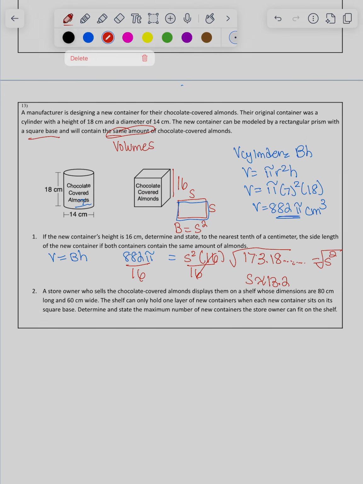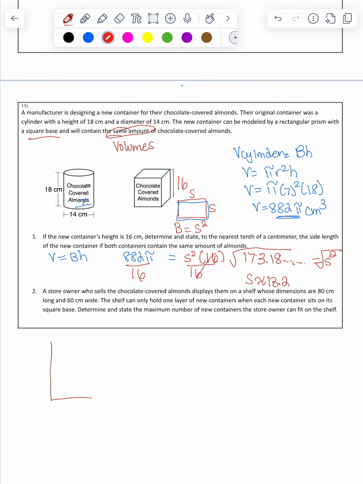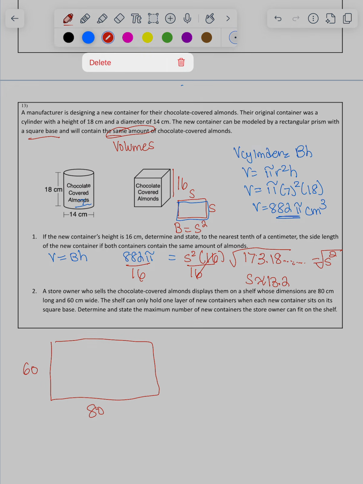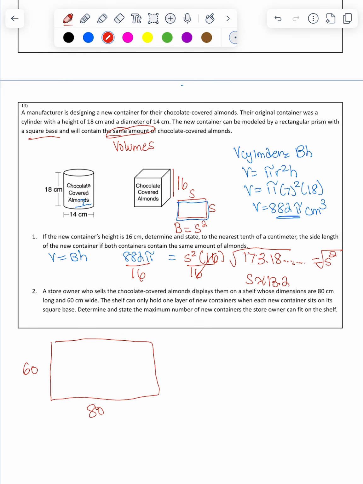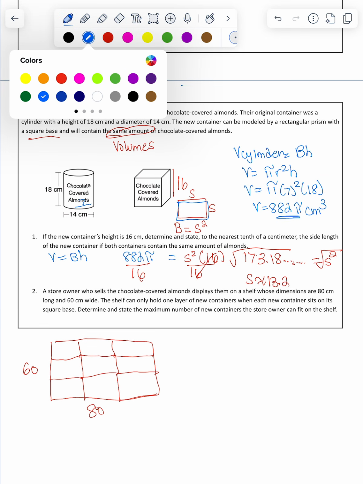In the second part, they tell you that you have a rectangular shelf with dimensions 80 by 60 centimeters, and you're trying to put as many of these rectangular prism boxes on the shelf as possible in a single layer. I shouldn't say stack. You're not concerned with the height here because you're only putting one layer.